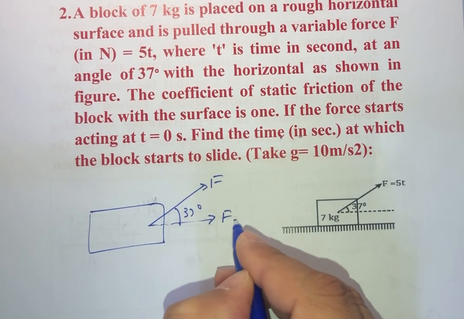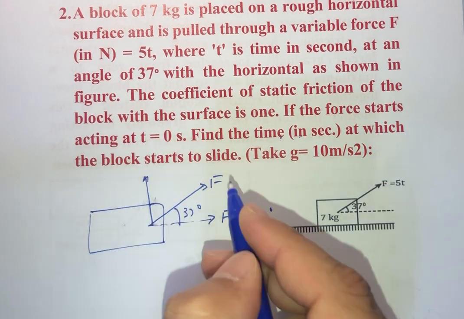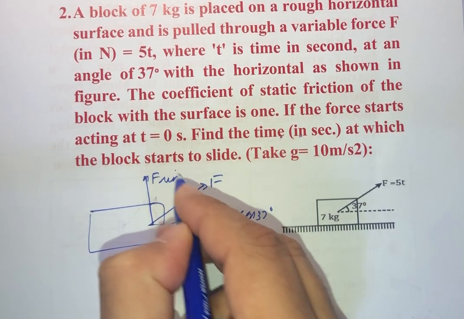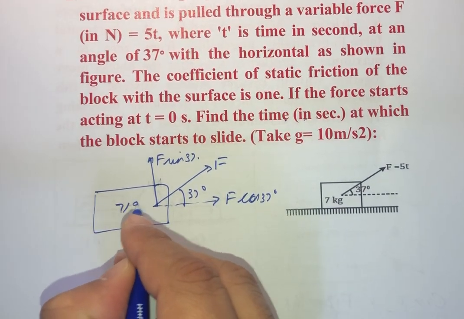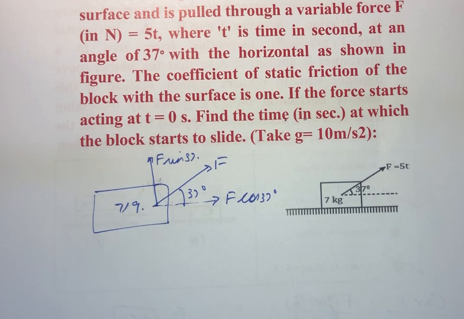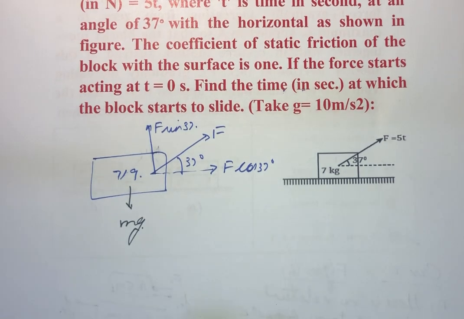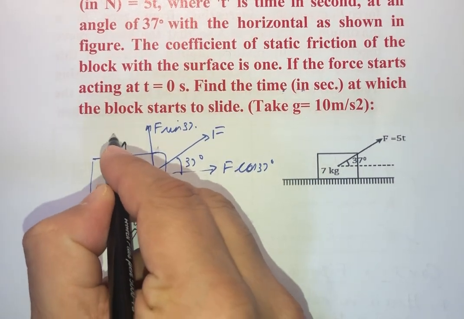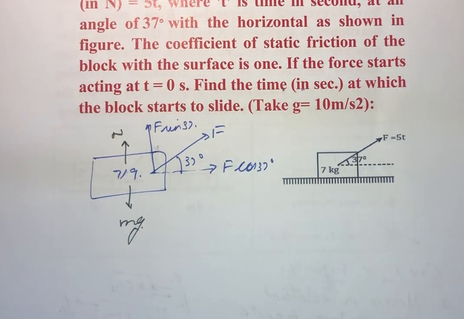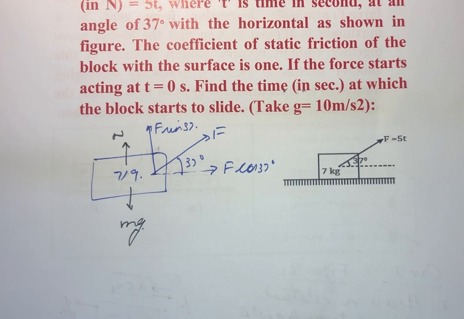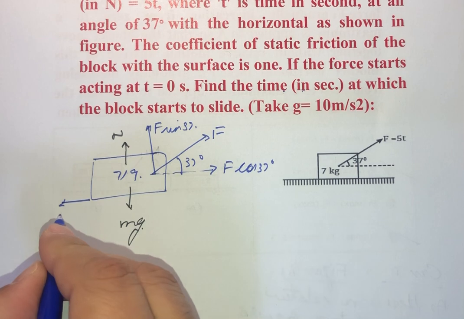So we have F cos of 37, and we have F sin of 37, and the block mass is given as 7 kg, so we are going to have mg in the downward direction, and there will be a corresponding normal in the upward direction. It is also given the coefficient of static friction, so we can say the force of friction is opposite in this direction, that is Fr.